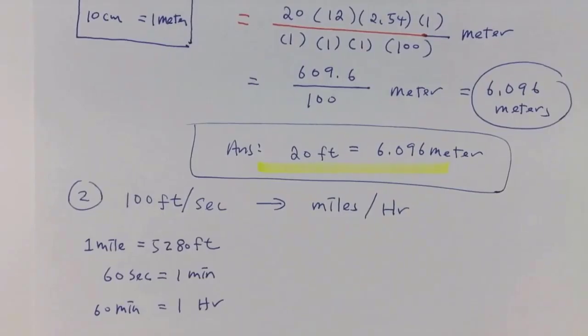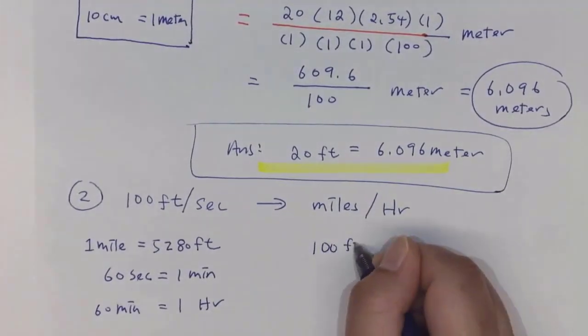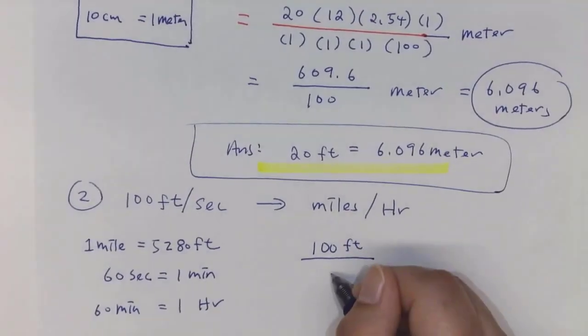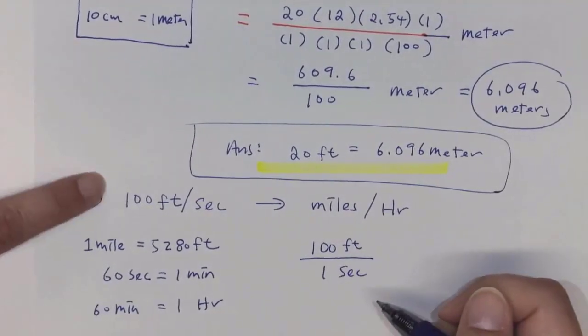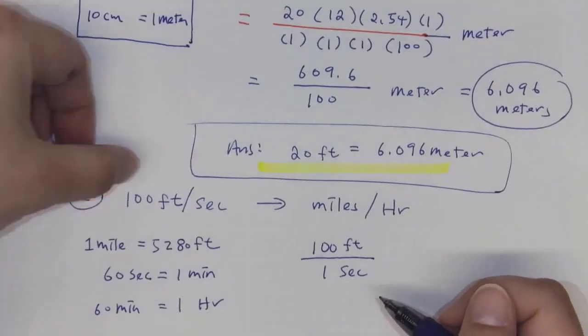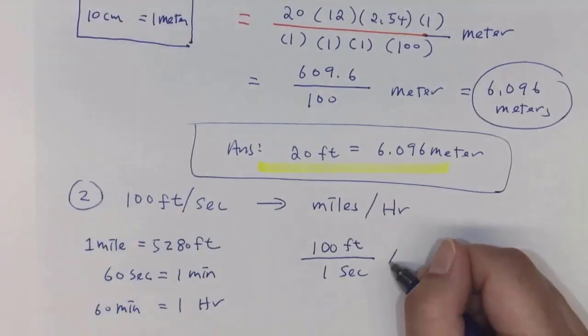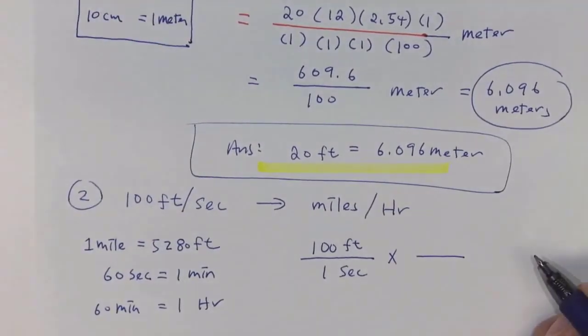Thank you. So the question started with 100 feet per 1 second, right? Remember we have the special kind of ratio. It's the unit per unit. The last unit is a single unit. Times, okay, so I need to cancel the feet.